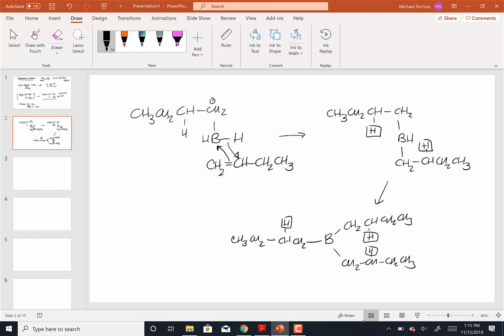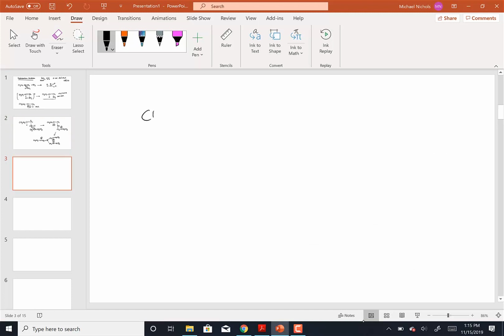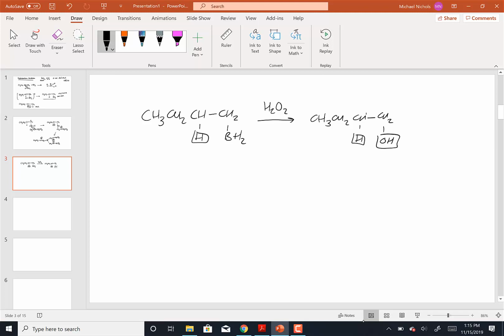So either way we write the mechanism, whether we say we've got CH3, CH2, a CH with our H here that we added, the CH2 with the BH2, or if we take the boron with 3 alkyl groups around it, when we treat this with hydrogen peroxide, I'm going to end up replacing the boron with an OH.